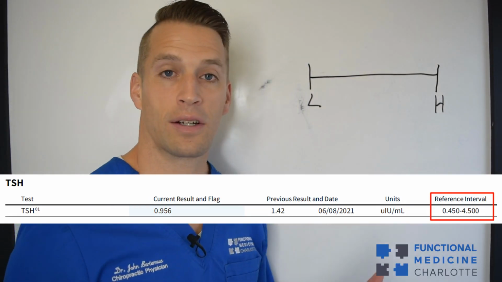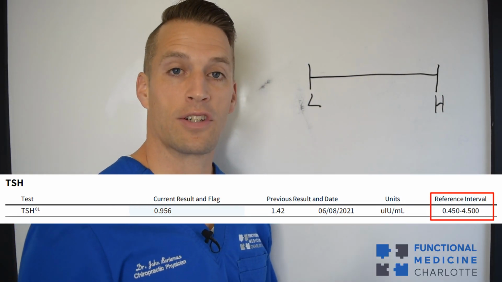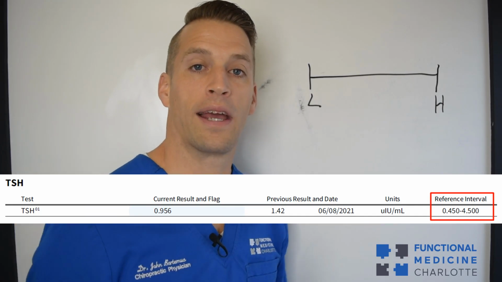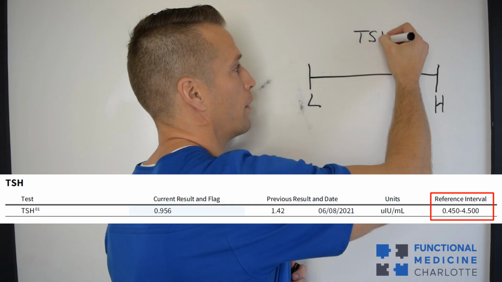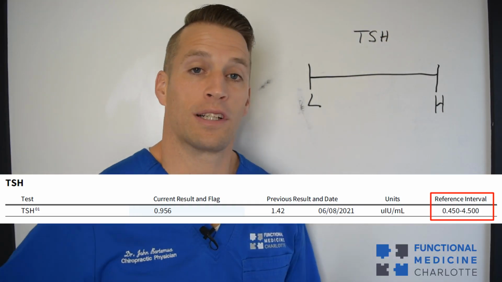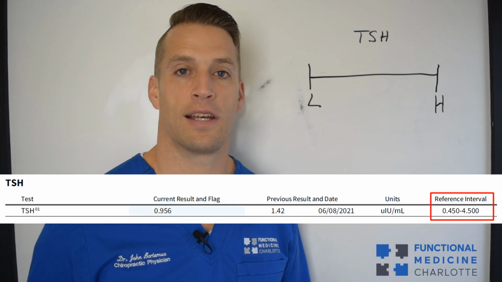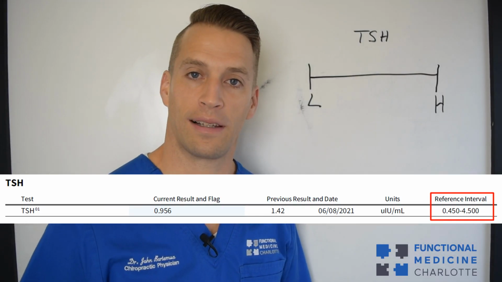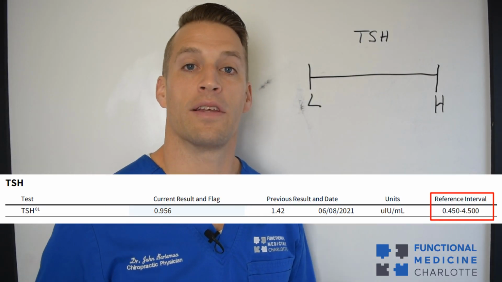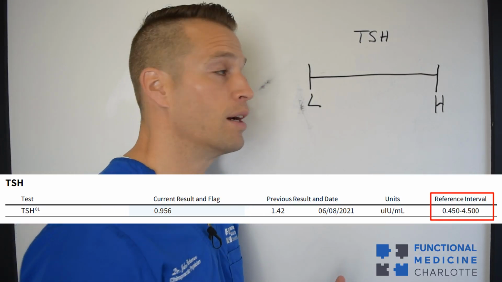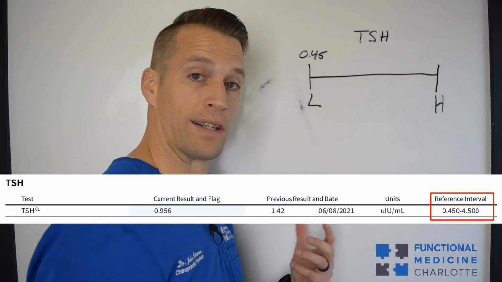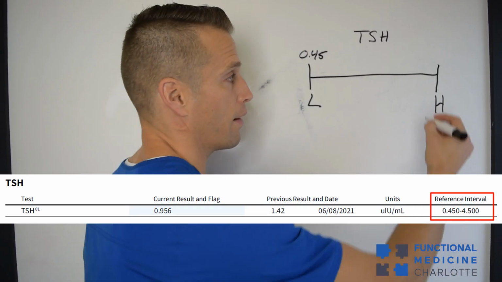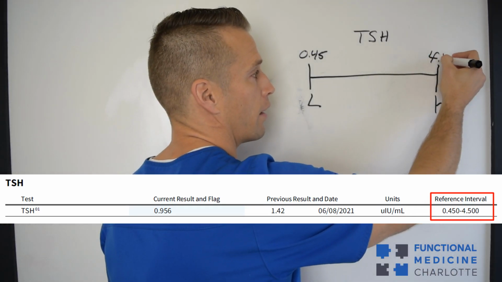And if we stick with our thyroid example, in conventional medicine, their thyroid panel is a TSH, okay, thyroid stimulating hormone. And pretty much anywhere you go in the United States, if you're using a major lab like LabCorp or Quest, the normal range is going to be about 0.45 as the low end cutoff and 4.5 for the high end cutoff.